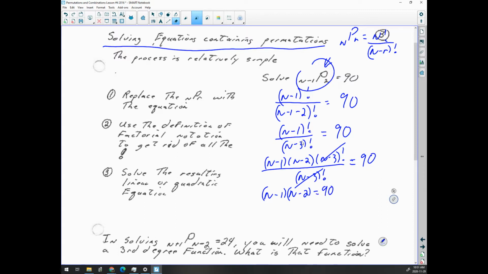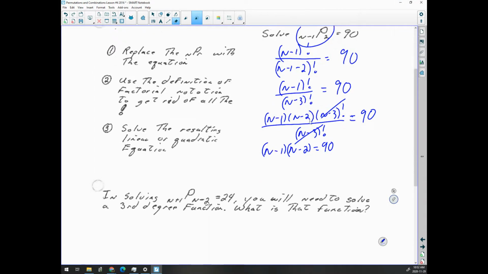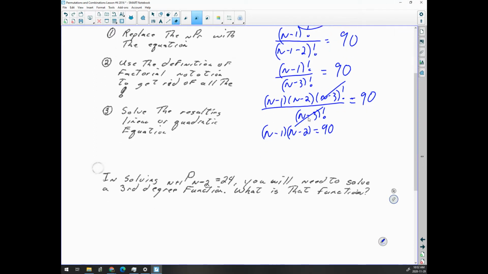I recognize that this is a second degree equation. The only way to solve second degree equations is to get everything to one side and factor. So I've got n squared minus 3n minus 2 minus 90 is equal to 0.